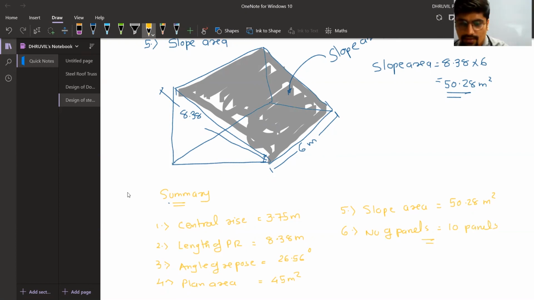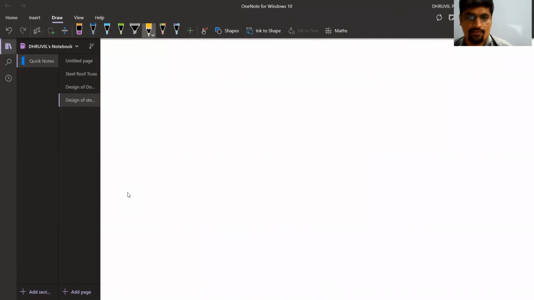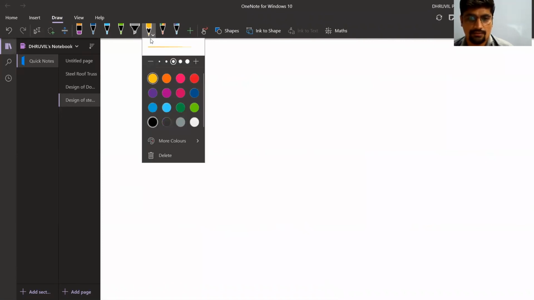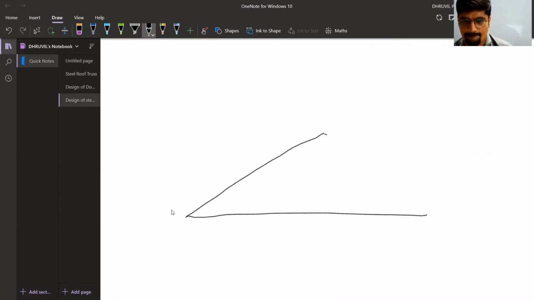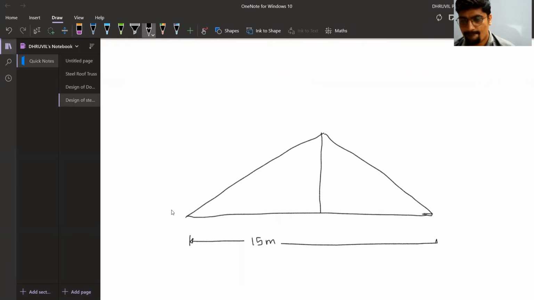Let's draw the figure of the roof truss. Your final roof truss will look like this. If this is the roof truss, then this is your central rise. The length is 15 meter. The number of panels is 5.